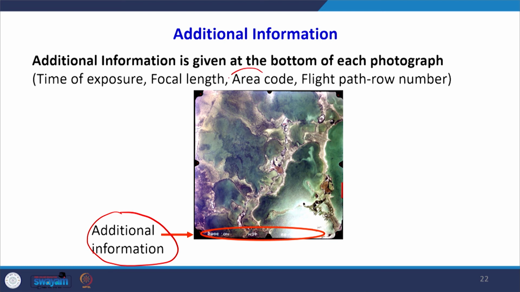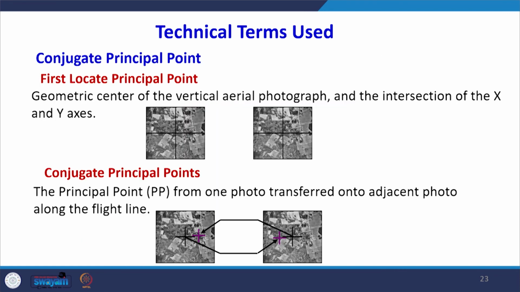So, the area code is printed and the flight has a certain path and row number. So, what is the path and row number in that flight? Suppose in one flight 10 photographs are taken, whether this is photograph number 2 or photograph number 5 or photograph number 6. So, that indicates the flight path and its number in that particular path. So, this information is also very useful to us in photogrammetry.